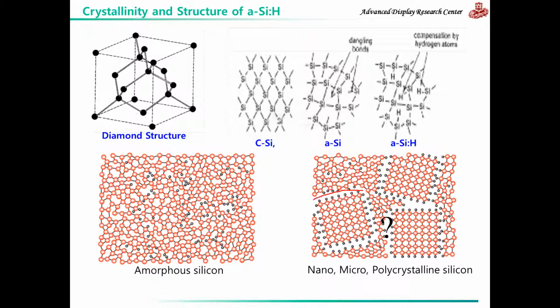So here you can see that this part of the structure includes well ordered atoms. So this is a grain, and the space between two grains is called a grain boundary, and this is indicated by the question mark.